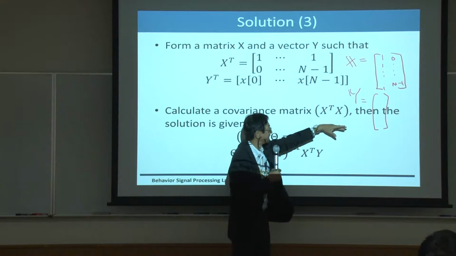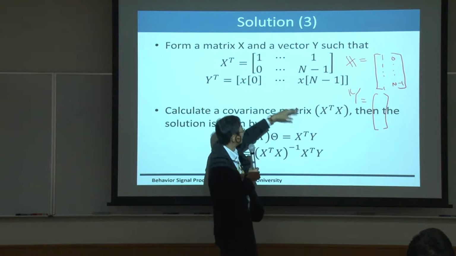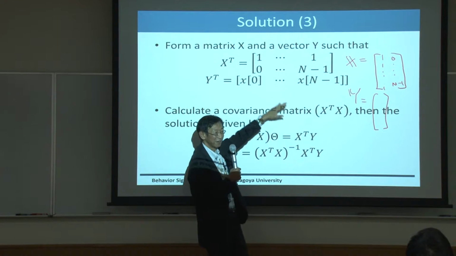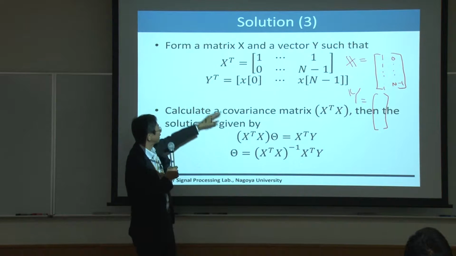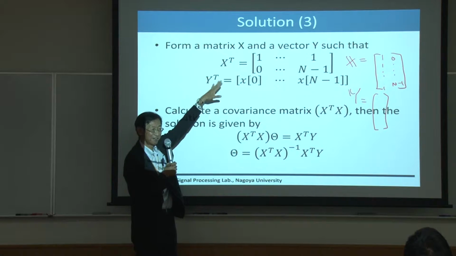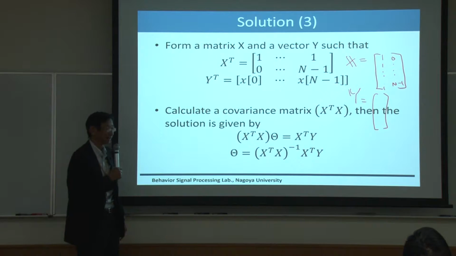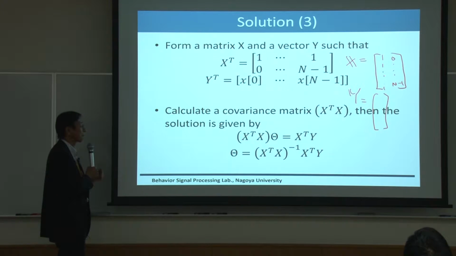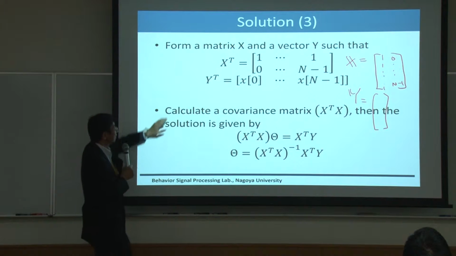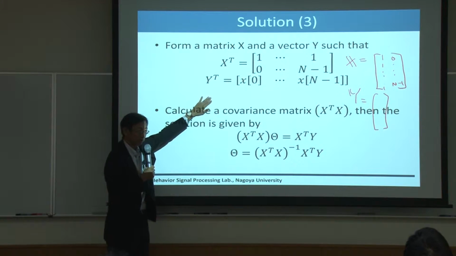Otherwise, I can only write one or two matrices in a slide. So please be careful: if I put T here, it means the transpose of the matrix.